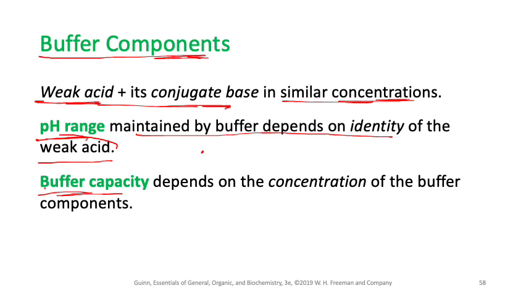Then we have another term called buffer capacity. Buffer capacity tells how much concentration of the buffer components you have in that solution, how much of the weak acid or its conjugate base is present. The higher the buffer capacity, the more difficult it is to change the pH by adding acid or base.